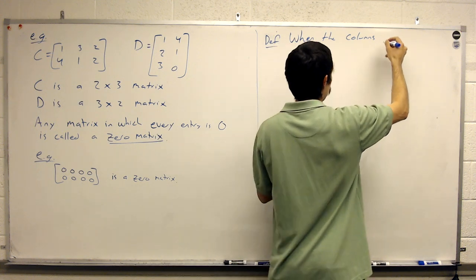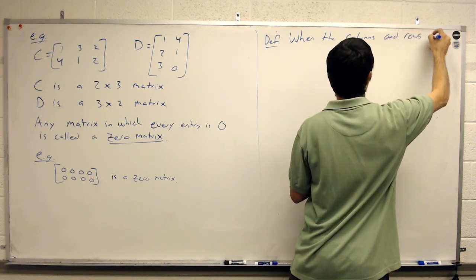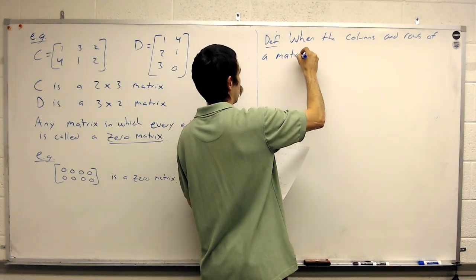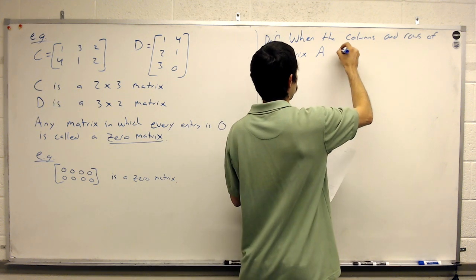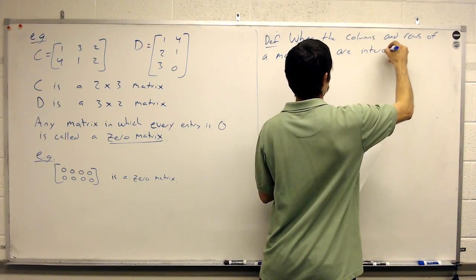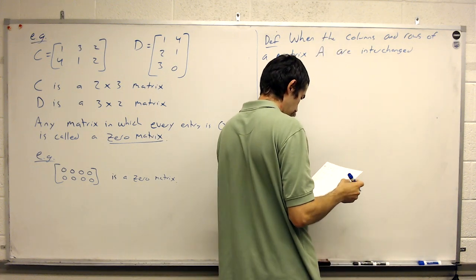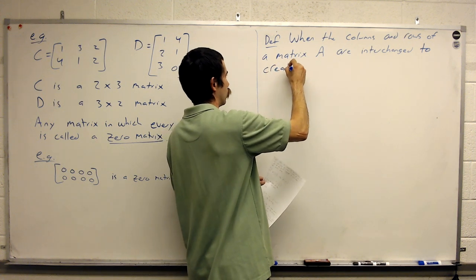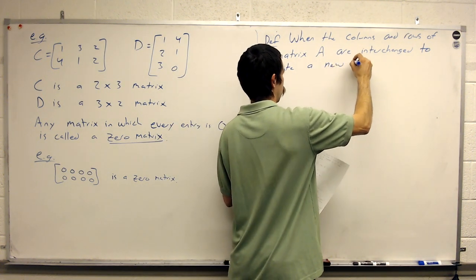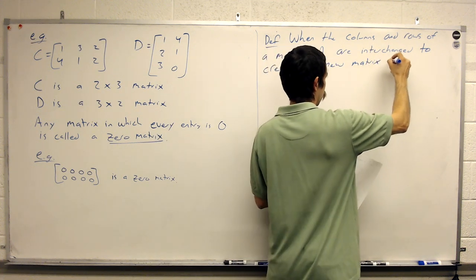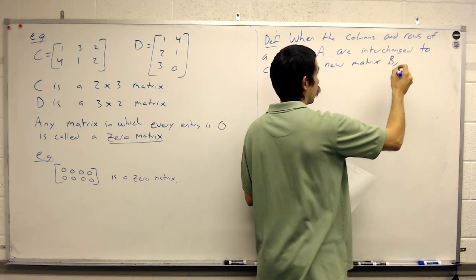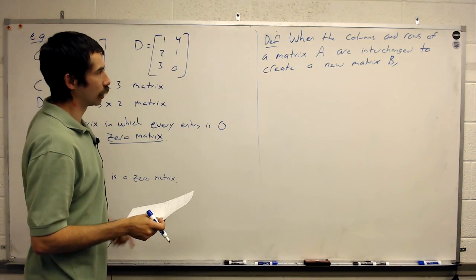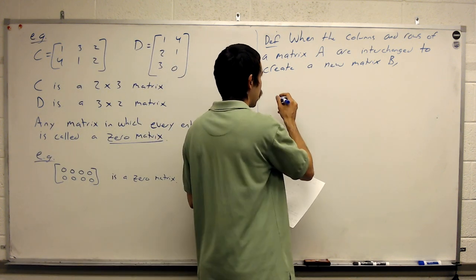So when the columns and rows of a matrix A are interchanged to create a new matrix B, so if we switch all the rows and columns of A, so instead of writing down, we would write across and vice versa, we say that A and B are transposes.